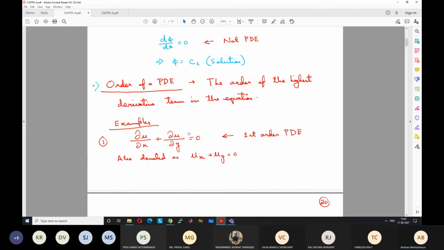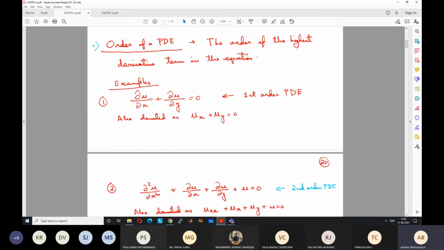Let us again look at a few examples. I'm just going through multiple examples to refresh our memory. So ∂u/∂x plus ∂u/∂y equal to 0, where u is a function of x and y. It's a first order PDE because the highest order term is first order. Partial derivatives are also denoted in this way. So ∂u/∂x can be written as ux and ∂u/∂y can be written as uy.